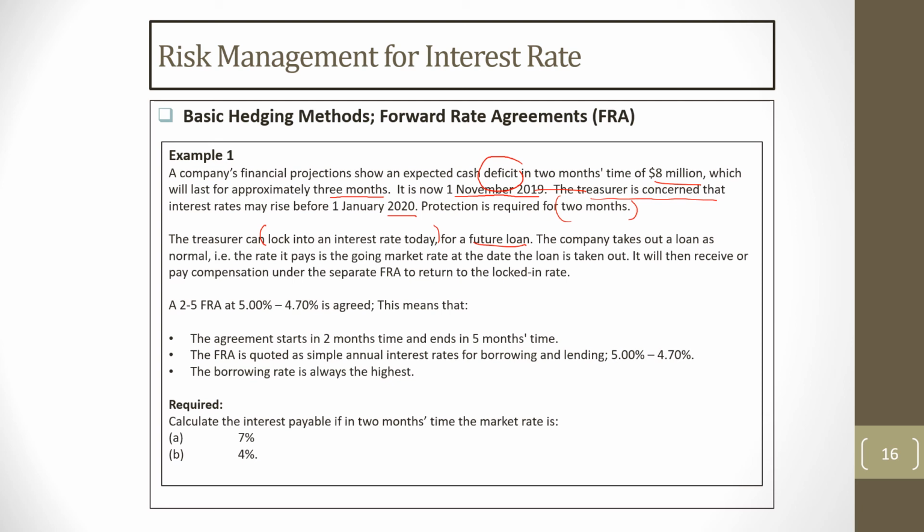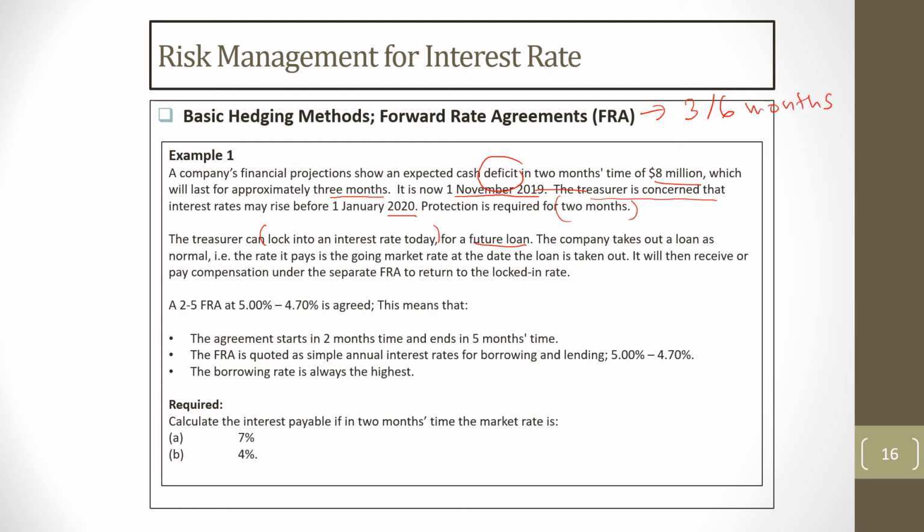So in the question later, it will state like this, and then it will mention how many months, because in FRA, as I said before, it happens for short term only, so 3 until 6 months.